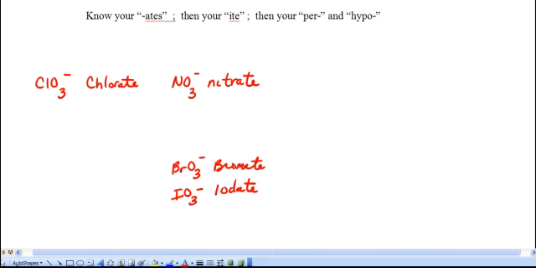Now, not all -ates, if you will, have a 1- charge. For example, you could have CO3 2-, and that is called carbonate. Not all -ates will have just 3 oxygens. Sometimes they'll have 4. So I'll have SO4 2-.